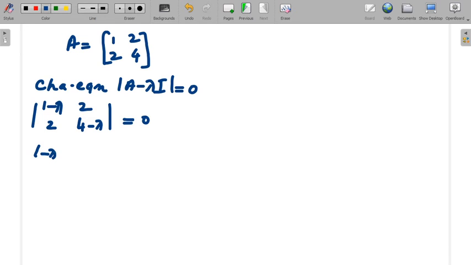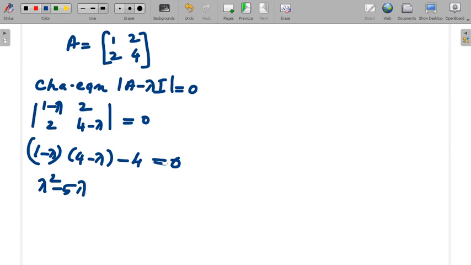So we have 1 minus lambda into 4 minus lambda minus 4 equal to 0. That is lambda square minus 5 lambda plus 4, and minus 4 cancels, equal to 0. So lambda into lambda minus 5 equal to 0. So lambda equal to 0 and 5.